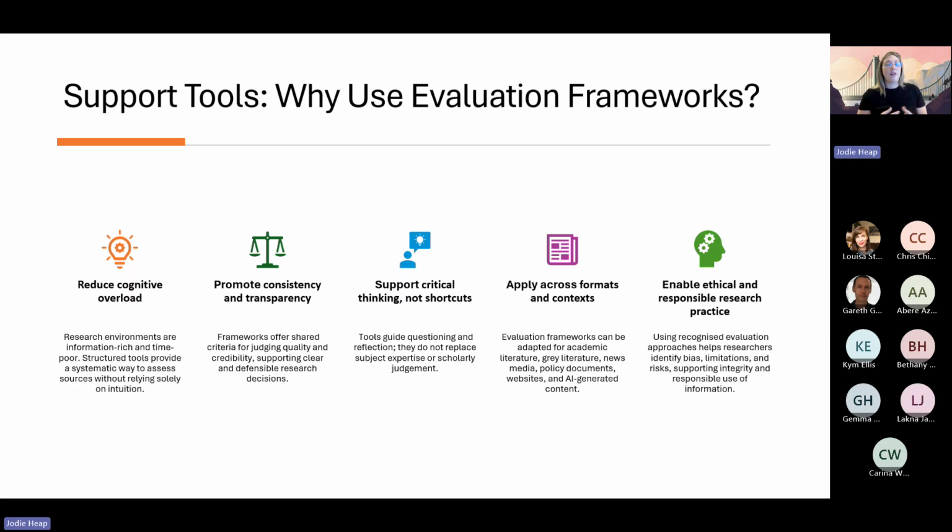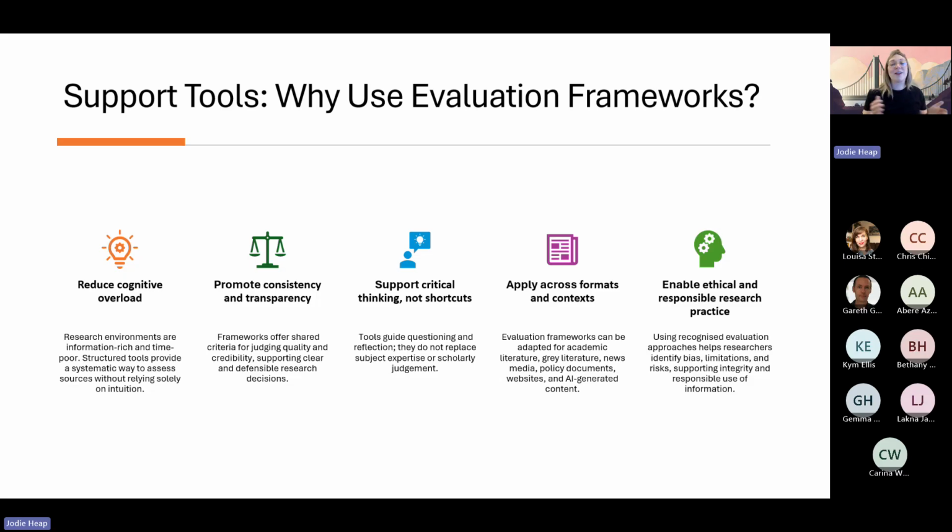So one of the recommendations that I have for calming ourselves down about how to tackle this information overload is to use evaluation frameworks. Now, a framework is just that. It's just a system that we can use to support us in approaching an evaluation task.